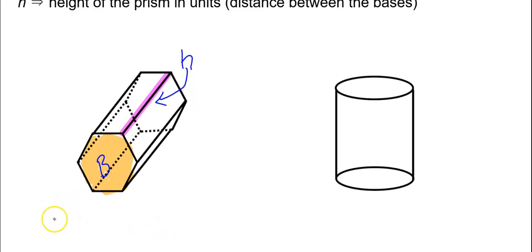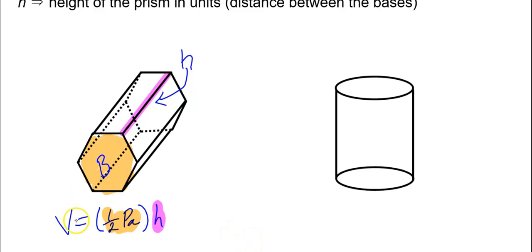So for volume of this, big B for all regular polygons, and that hexagon is one, I would use the formula one half times perimeter times apothem as the area of that hexagon, where h is the height of my prism. We learned that in the last video.